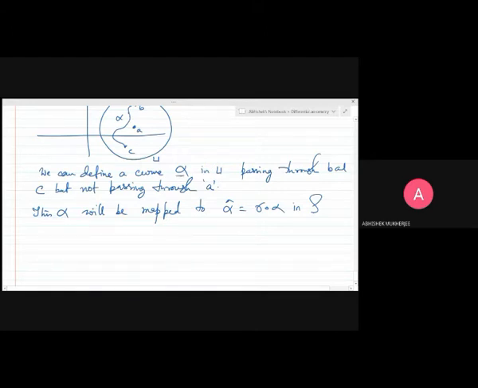Since sigma is a homeomorphism from U to S intersection W, if you restrict sigma to alpha, then that curve is in S, passing through sigma of B and sigma of C, which are P and Q respectively.